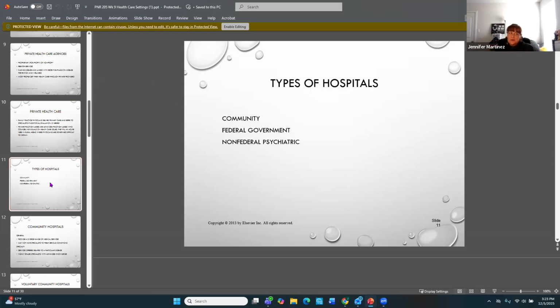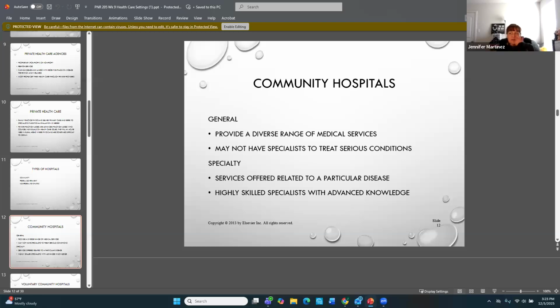Then we get into our types of hospitals. They have community hospitals. We have our federal government. We have our non-federal psychiatric. So community hospitals are non-federal, short-term general and specialty hospitals.